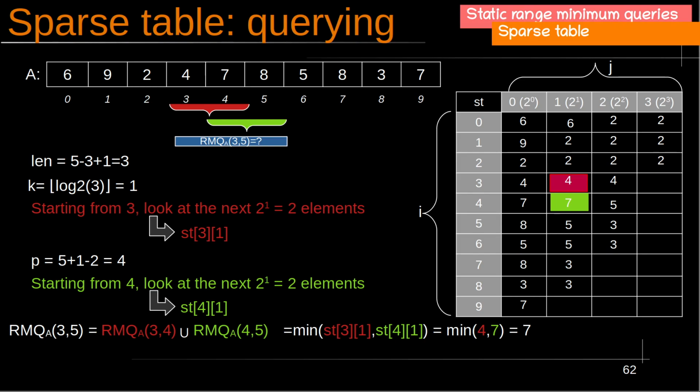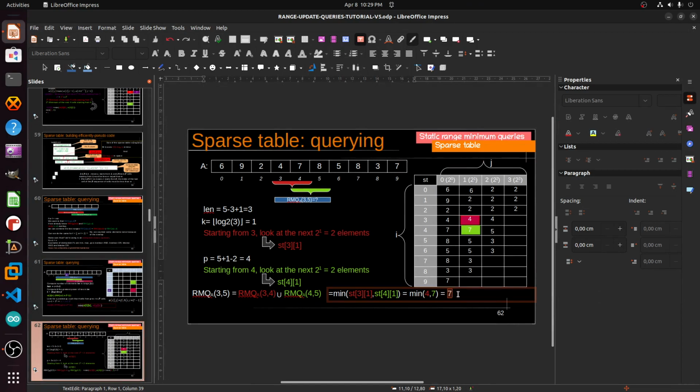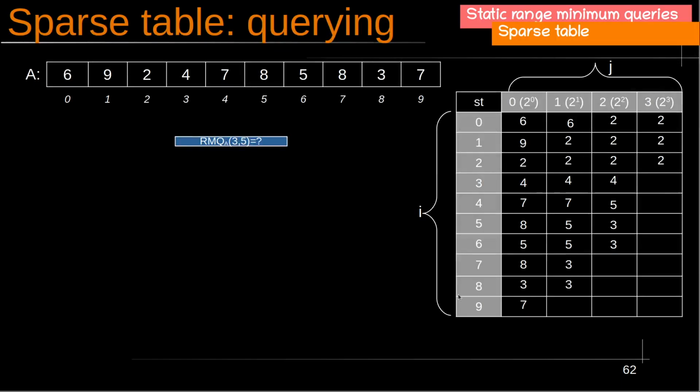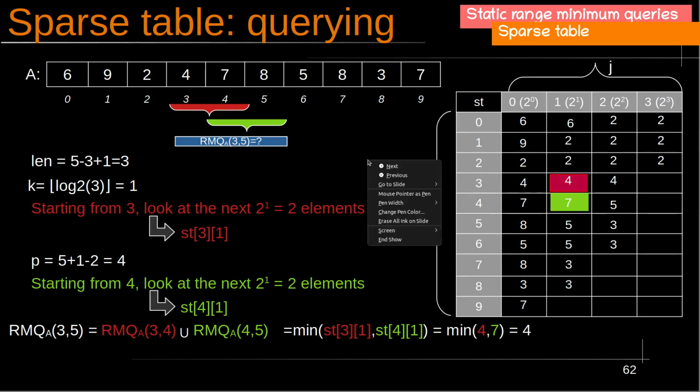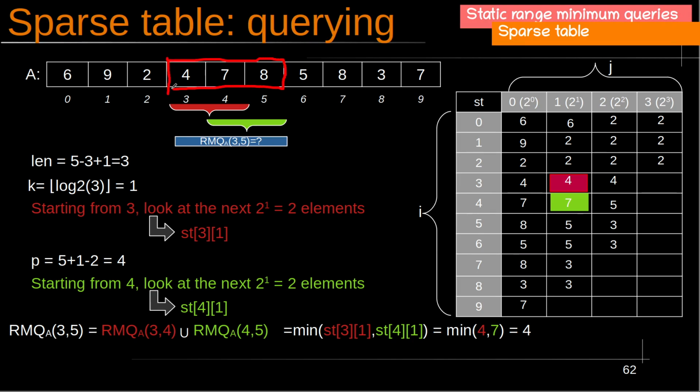Which is the minimum in the sparse table now at ST[3][1] and the minimum between ST[3][1] and ST[4][1], which is 4. Sorry for this, guys. I don't know what happened here. Okay, which is 4. As you see in the original array, the result is correct. The minimum in the range from 3 to 5 is 4.